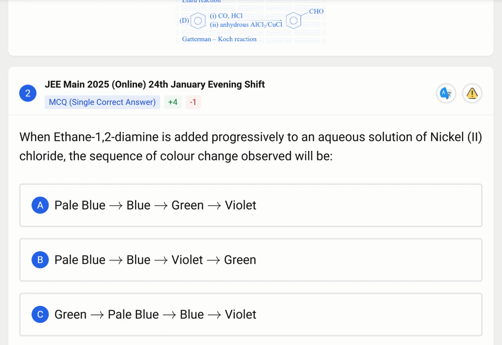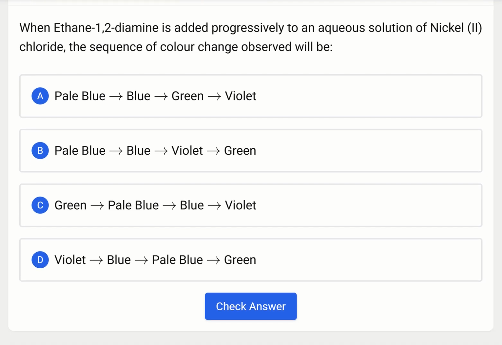Question number. Okay, when ethane-1,2-diamine is added progressively to an aqueous solution of nickel(II) chloride, the sequence of color changes observed will be. Okay, when you mix water with nickel chloride, you will get [Ni(H2O)6]2+.